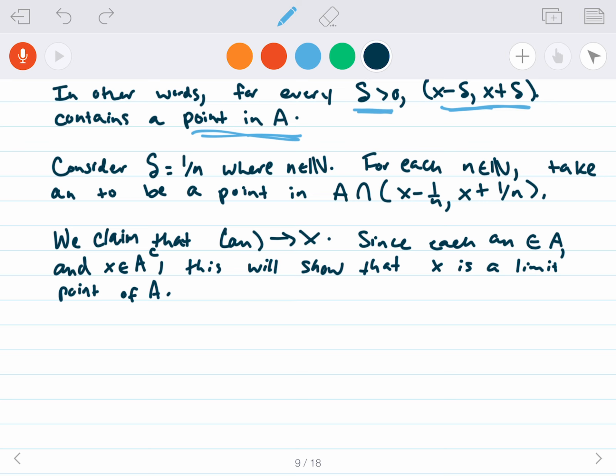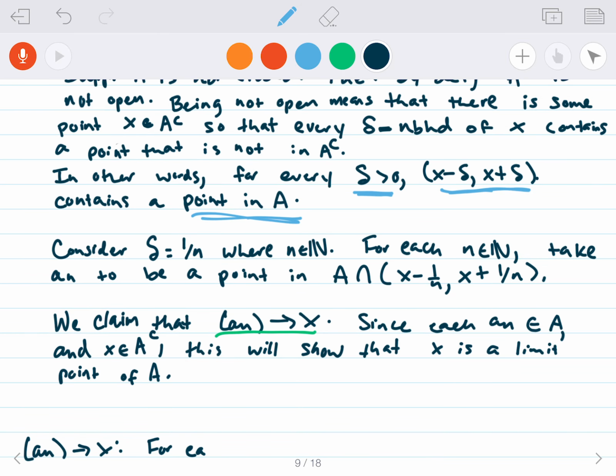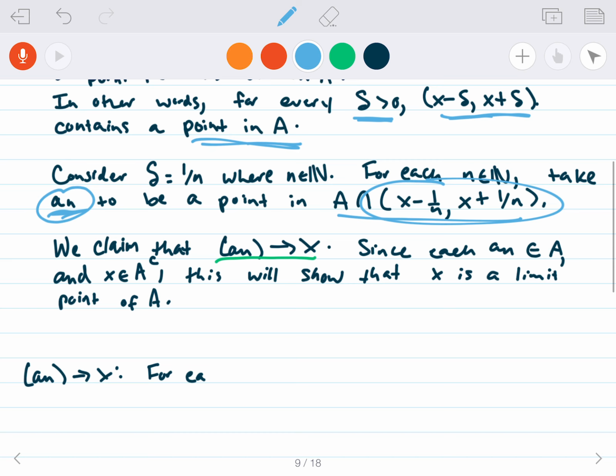So we're trying to show that our sequence here converges to x. So for each n, just by what I've underlined in blue here, a sub n is going to be in this neighborhood.